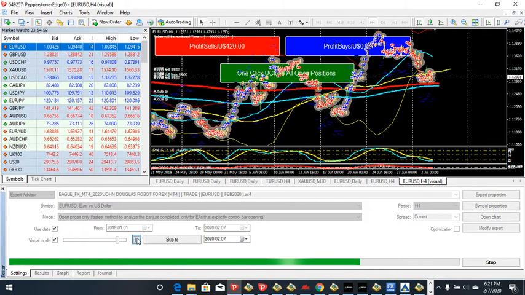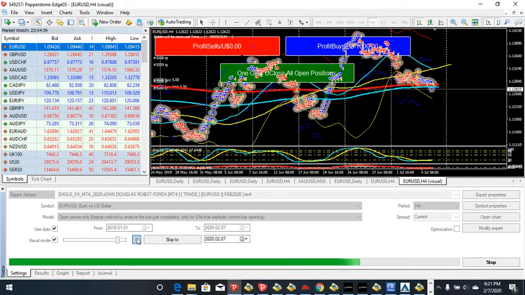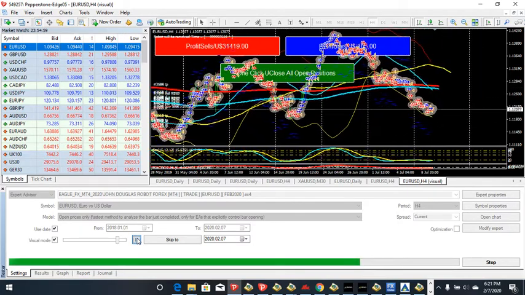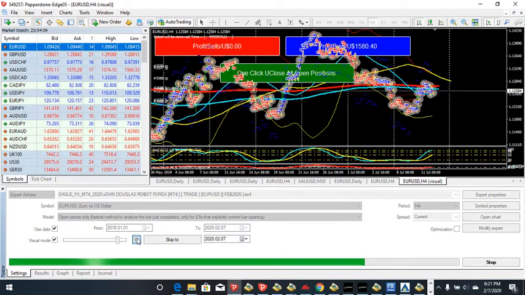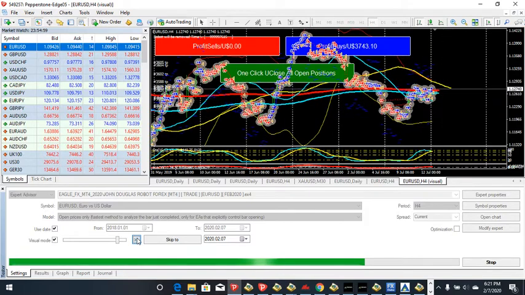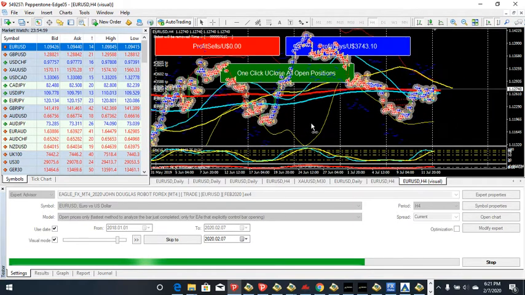Look at that. So look at right here. Buy. See? Now you sell, not buy right here. Buy. Look at it. The red button, the blue button here, this row means all positions on the sell side are closed.